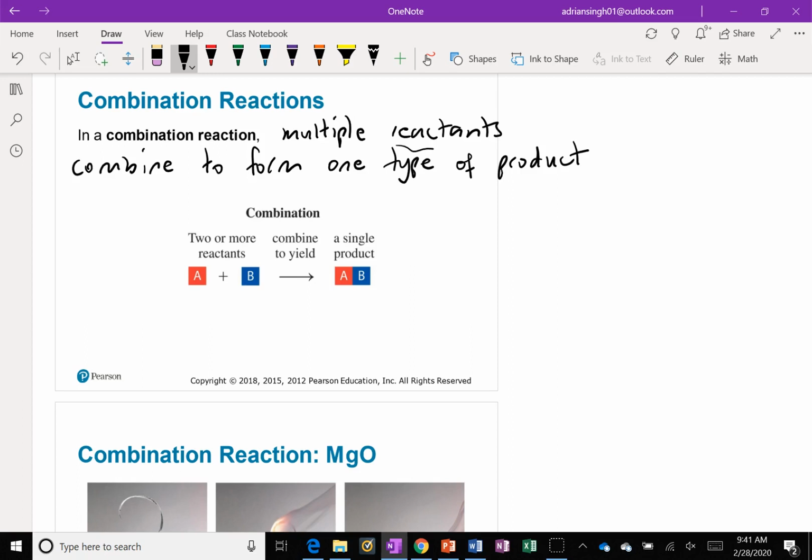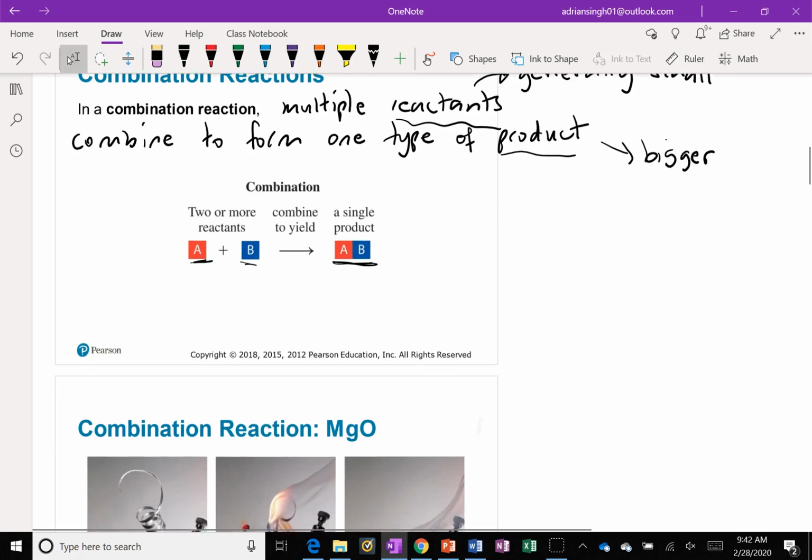All right, so the reactants here in this case tend to be generally small molecules or small compounds, and then the product here tends to be bigger because we're just going to stick those smaller reactants together, right? So generally we can say if we have a reactant A combining with reactant B, we just stick them together to make a single product.